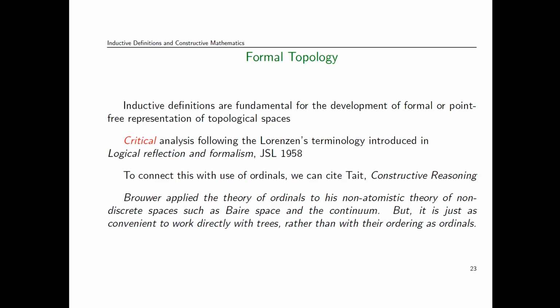This was also done, but informally, by Lorentzen in this also very important paper, logical reflection and formalism. He calls this a critical analysis of topology. It's a non-naive analysis of spaces where a space is not seen as a collection of points, but in a more refined way. He has an example that we will go through, the analysis of Cantor-Bendixson, in this paper.